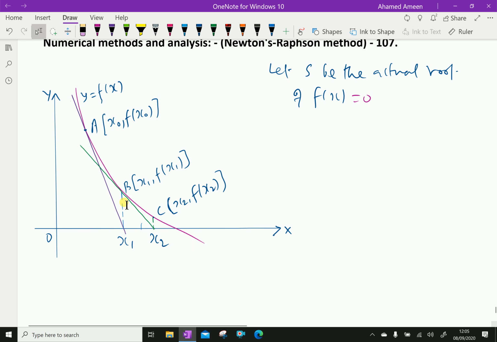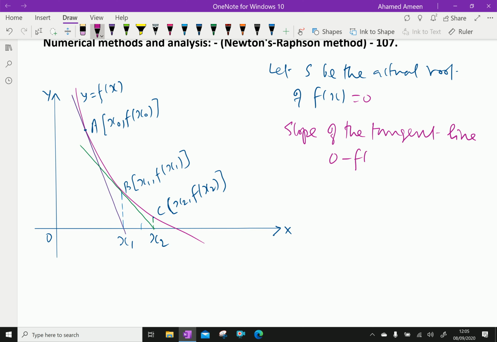Now we define the points A, B and C. Now, the slope of the tangent line from the first point, the point x0 and f of x0, to the point x1, 0, is 0 minus f of x0 divided by x1 minus x0.